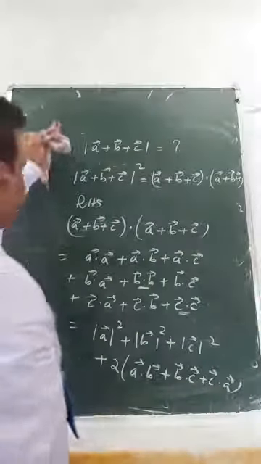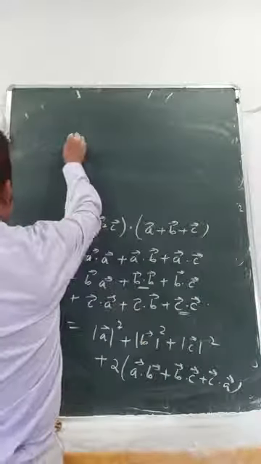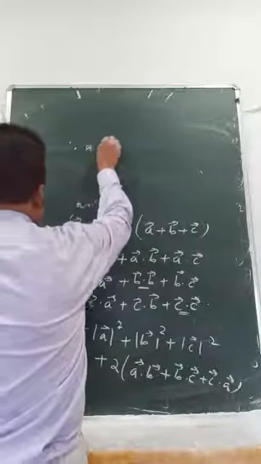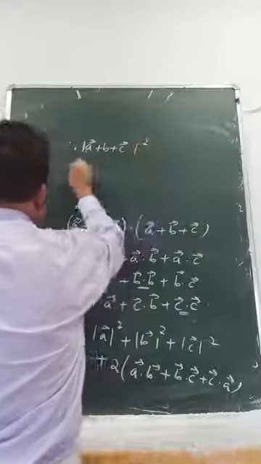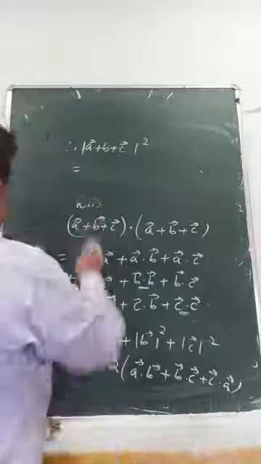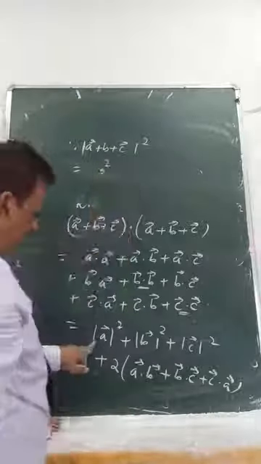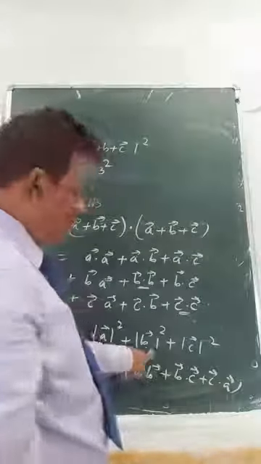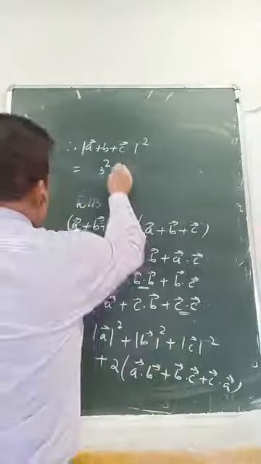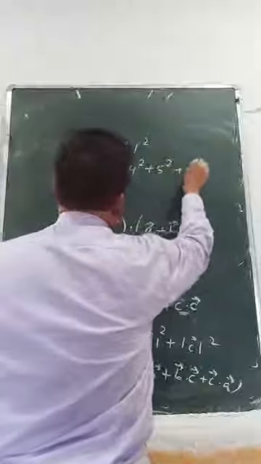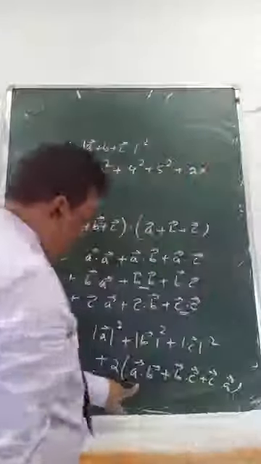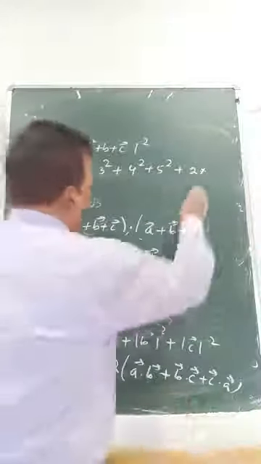Therefore, mod A plus B plus C square equals mod A square, that is 3 square, because mod A is given as 3, this is given 4, this is given 5. So plus 4 square plus 5 square plus 2 into, this is 0, already you have proved.